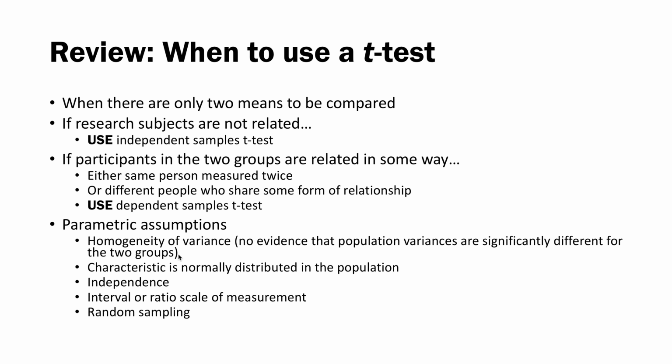So homogeneity of variance, basically, to satisfy this assumption, we have to conclude that there is no evidence that the population variances are significantly different for the 2 groups. This doesn't really speak so much about the bell-shaped distribution. It's just that the variances for the 2 groups can't be hugely different from one another.